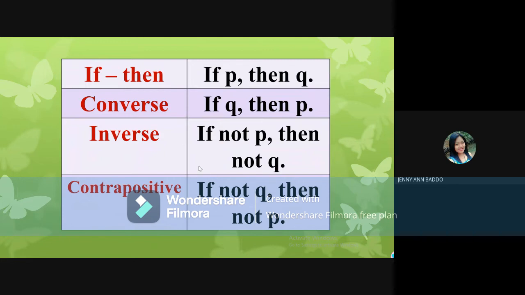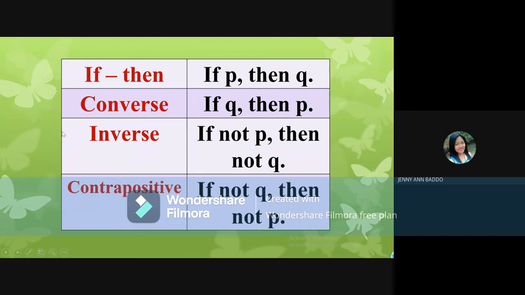When we say negate, we take the opposite. So it's in the form if not P, then not Q. Then the contrapositive statement is formed by interchanging and negating both the hypothesis and conclusion of the if-then statement. Or simply, the contrapositive statement is found by negating the converse of a given statement.